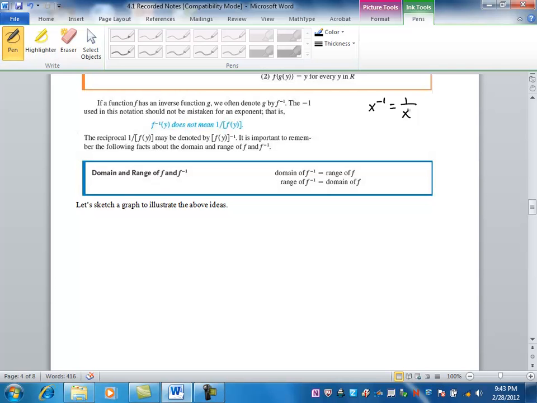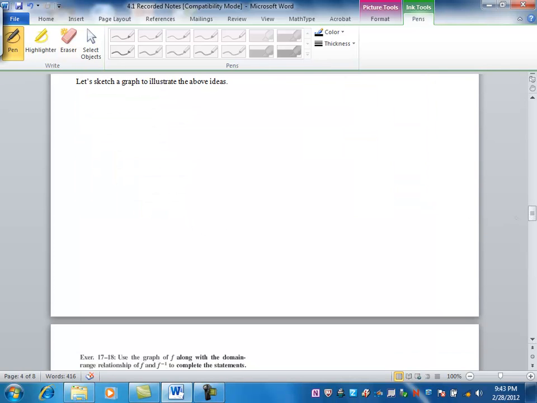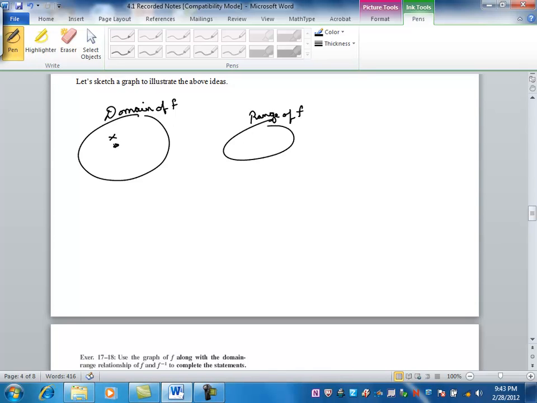Alright? Let me try to show you what we've been talking about here. Here's a graph you're probably going to see a lot from me in class. Here's my domain of f. Here's my range of f. I've got x. I've got a function. This takes me to f of x. Now, I've got another function.